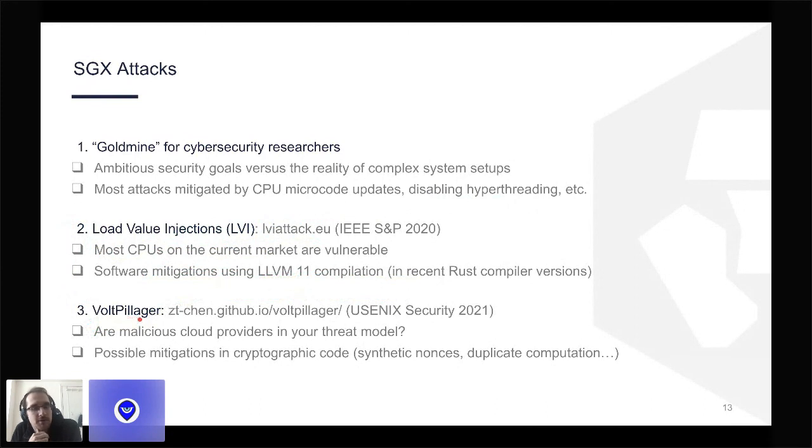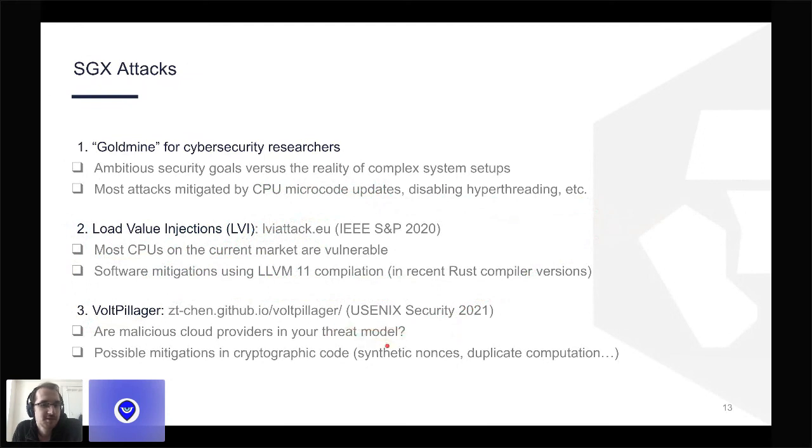You may have heard of Plundervolt, which is a similar type of attack, also undervolting, but Plundervolt works on the software level, so it can be mitigated by disabling undervolting in the BIOS. But this type of attack works on the hardware level, so it can't be easily disabled.